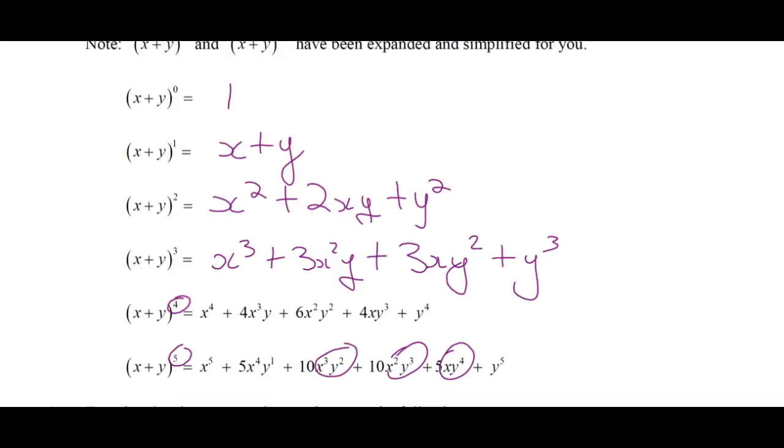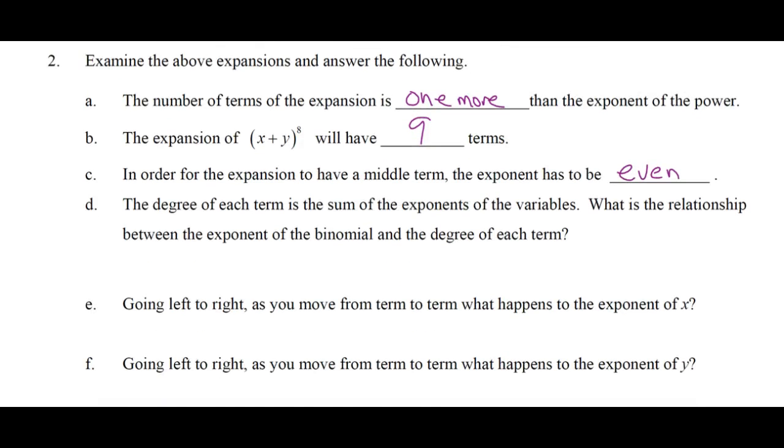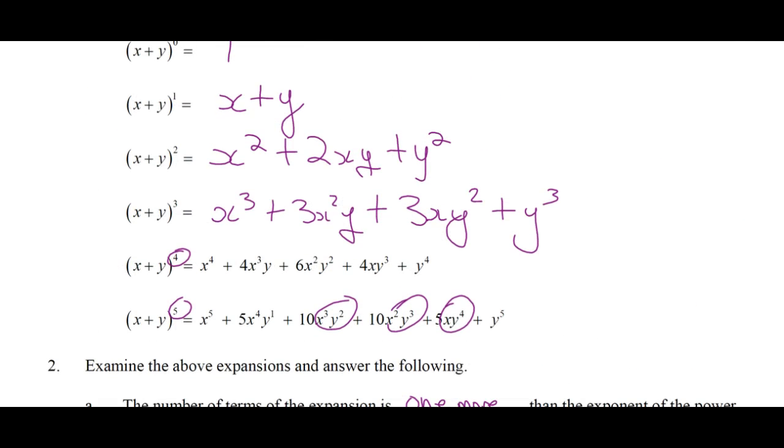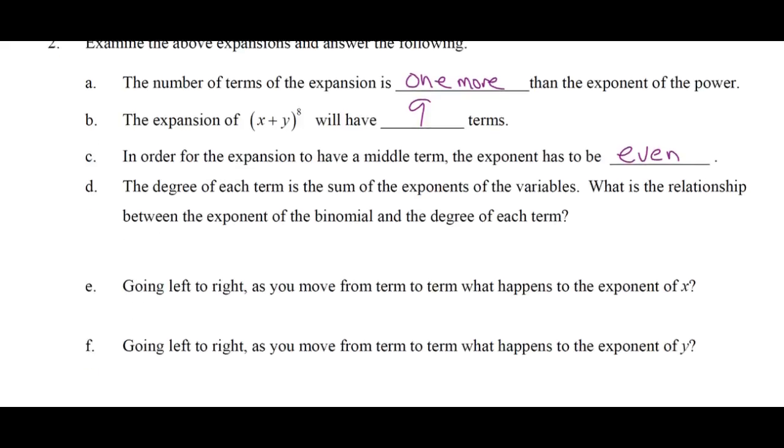It's the same. So the degree is the sum of the exponents of the variables, and it equals the exponent of the binomial. So if it's x plus y to the 5th, the degree of each term is degree 5. Okay, so they are the same.